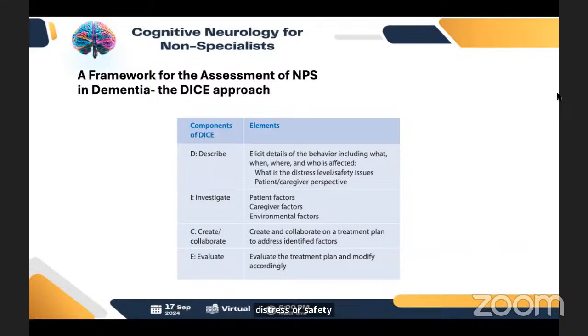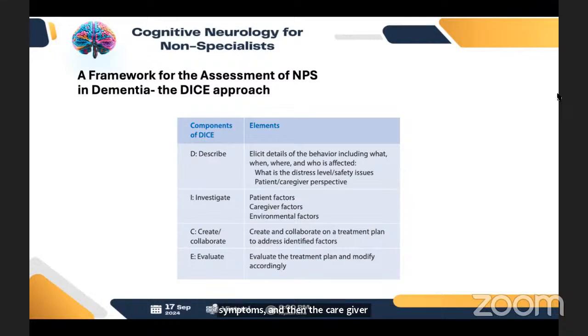For example, was the patient tired, sleepless that night, that evening? Was the patient hungry? Is he having any kind of constipation or urinary retention that could be disturbing? Any kind of pain, any kind of infection that might be producing or increasing the severity of the neuropsychiatric symptoms? And then the caregiver factors.